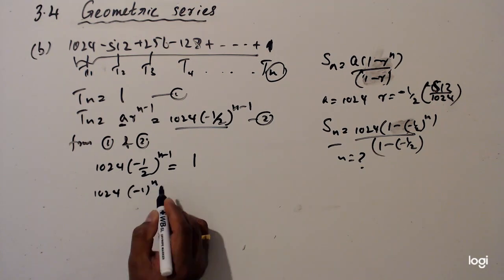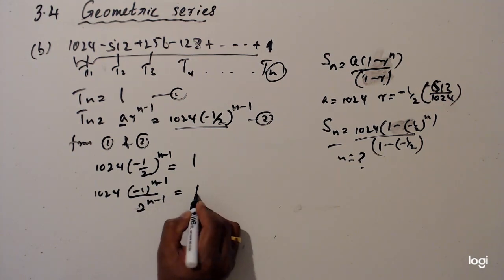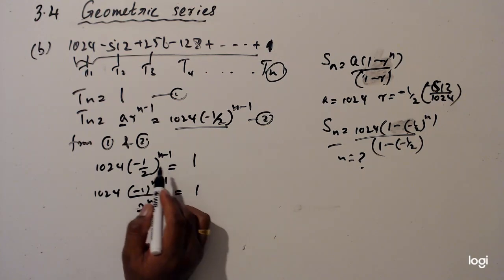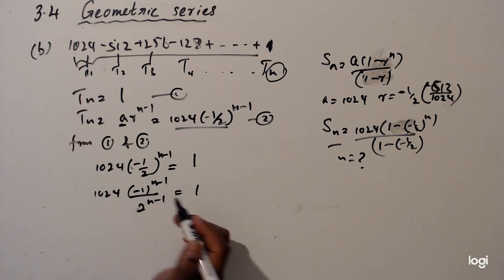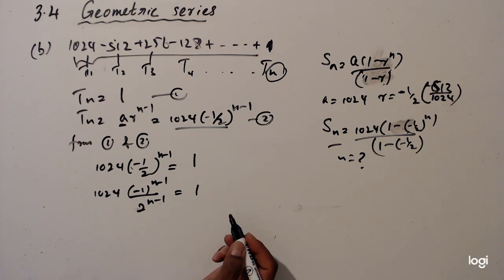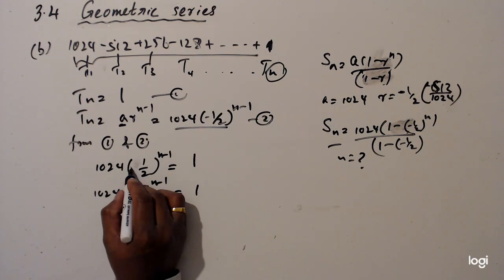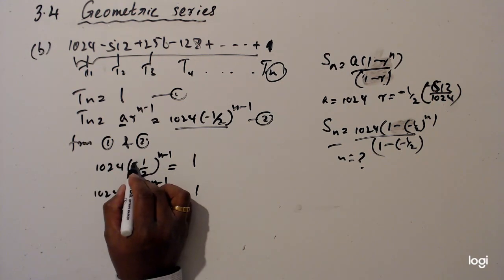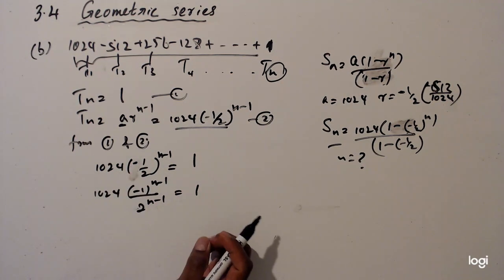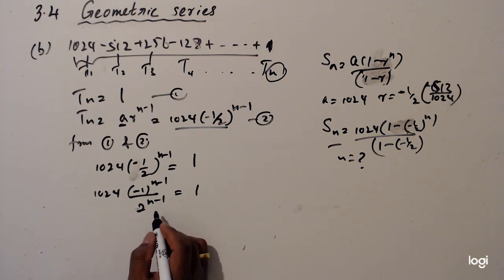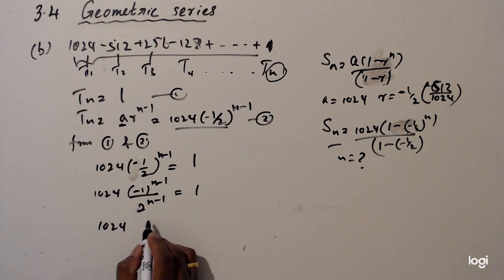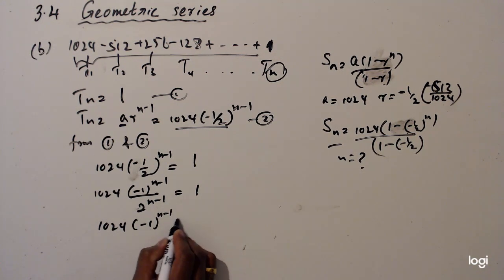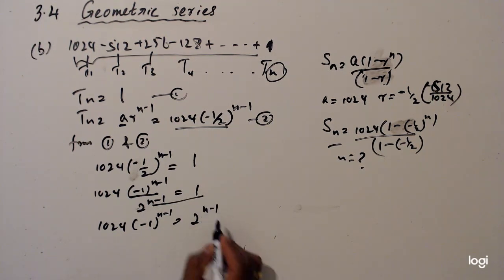I can write (minus 1)^(n minus 1) over 2^(n minus 1) equals 1 over 1024. Just bring it up and then cross multiply: 1024 times (minus 1)^(n minus 1) equals 2^(n minus 1).